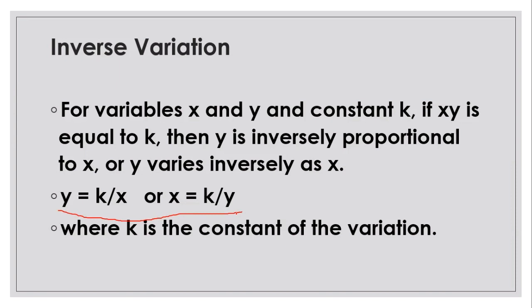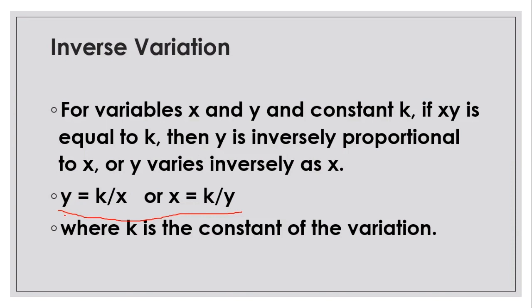Dito sa inverse variation, if one variable increases, the other decreases. Kapag umaangat, yung isa bumababa. Kapag yung isa ay bumababa, yung isa naman ay umaangat. So, ganun pa rin, where k is the constant of the variation.